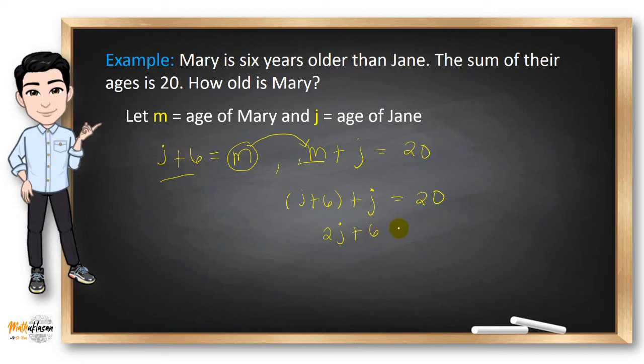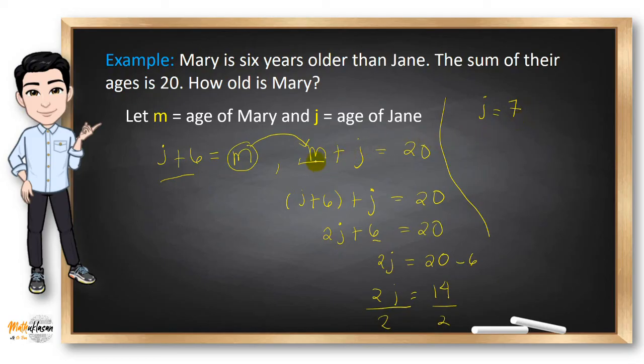Then we have plus 6 here equals 20. Transposing the value of 6, we'll have 2J equals 20 minus 6. 20 minus 6 is 14. And dividing both sides by 2 will give us the answer of J equals 7. So Jane is 7 years old.